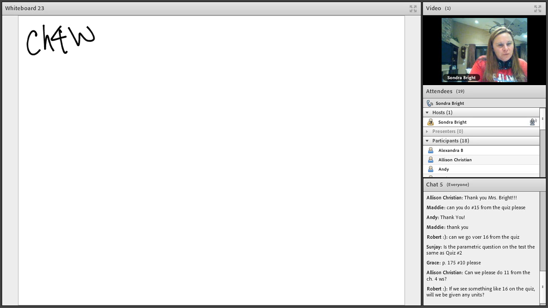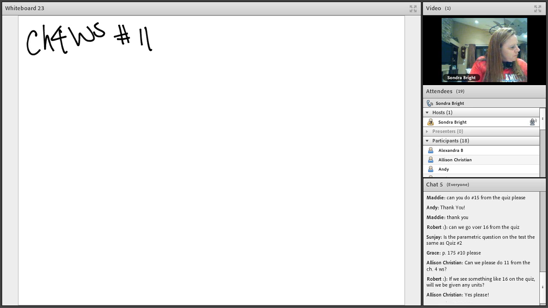Chapter 4 worksheet number 11. Your correct answer is E, because I think I did it in class and I think the answer is -1 is what I got. Do you still want me to do that one? The correct answer was not there. I don't know where the typo was on that problem. Maybe because the previous problem had to plug in a 14. I don't know what, but yes, okay.